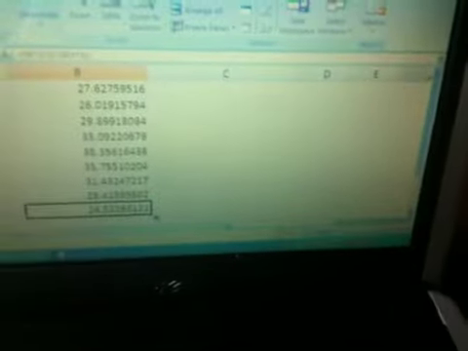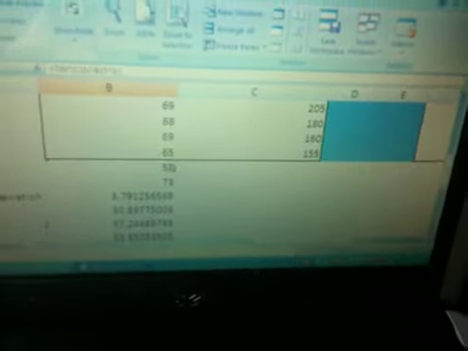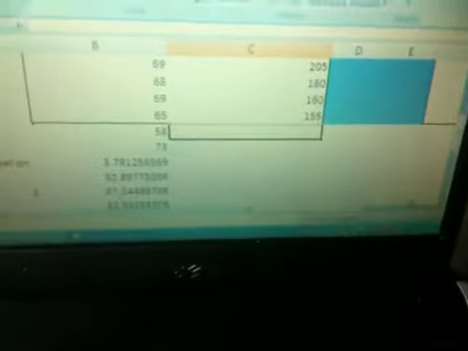And I might have gone past, it might start getting funky, because if I did the BMI past B16, which I think I did, it's going to start taking this divided by this squared. So just go down and make sure your BMI equation stops at cell B16, which would be right here.